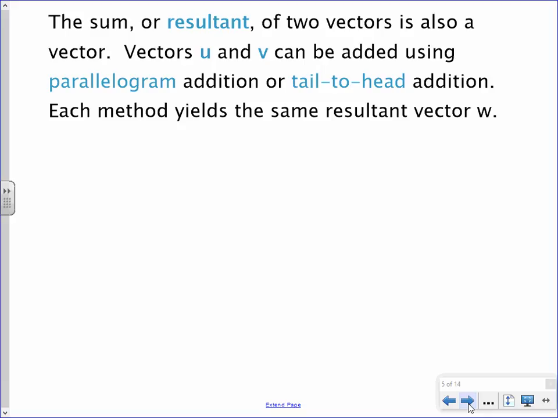What I would write down is that the sum is the same as the word resultant. That is a vector word that's going to be thrown out. Okay? And there's two different ways that we can look at this pictorially. There's going to be parallelogram addition, and then there's tail to head addition. So before lunch, I want to draw you a picture of those.